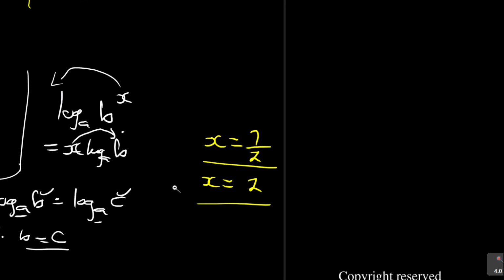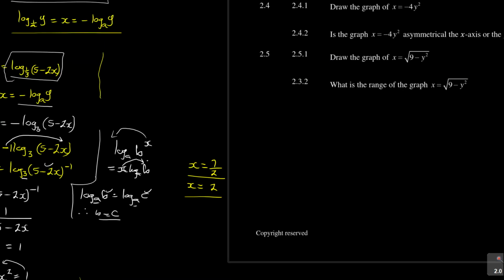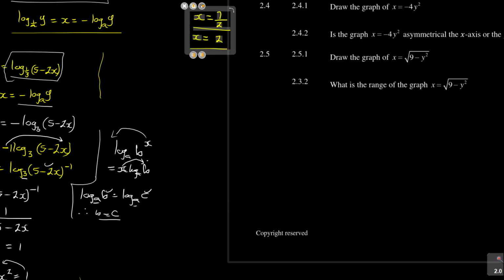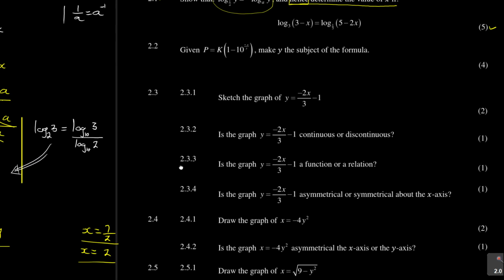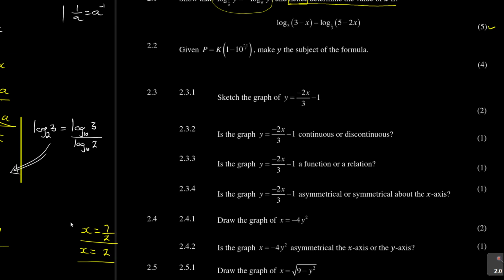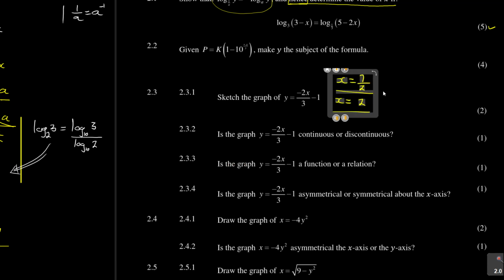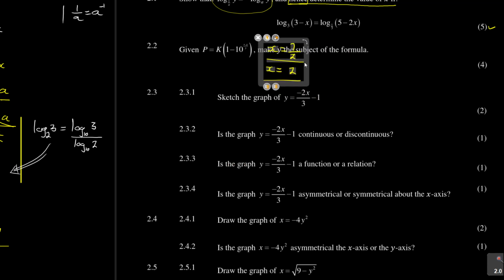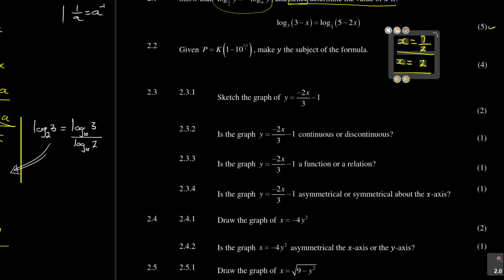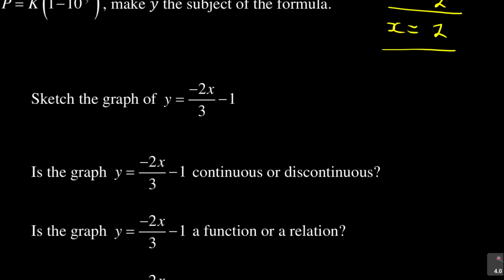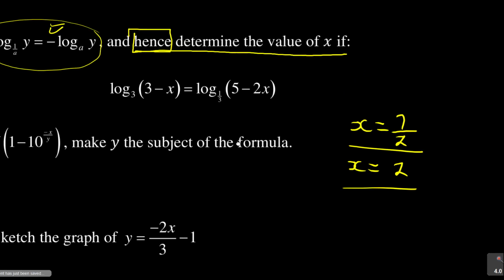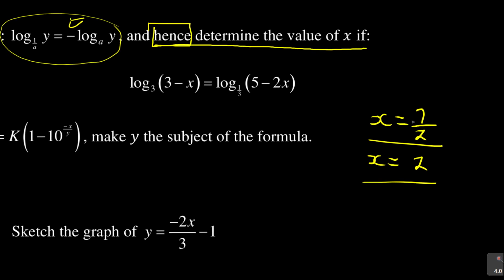Let me make this smaller so that I can quickly take this. Remember, you have to always test your answers. It's always important. So now I take these two values, because the question was to solve for x.